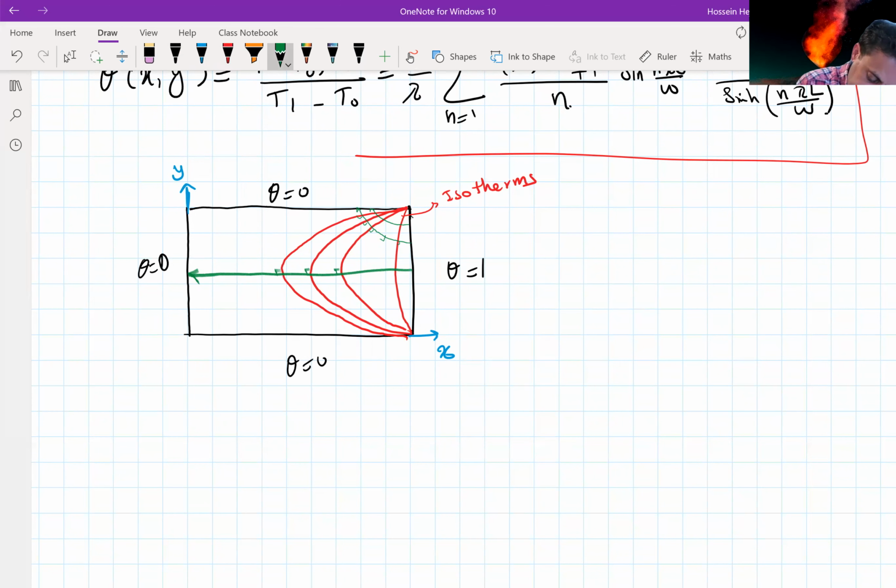And we're going to have the same thing on the other side. It's going to be 90, 90, 90, 90. So these are heat flow lines or adiabatic lines.